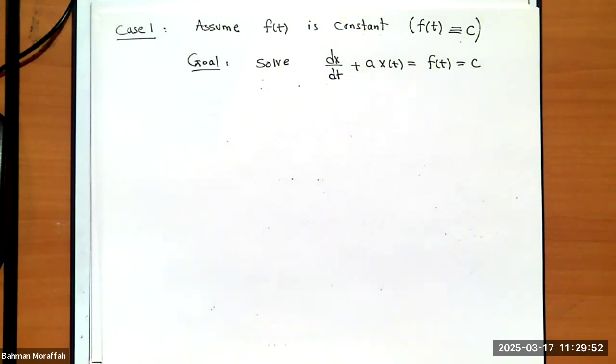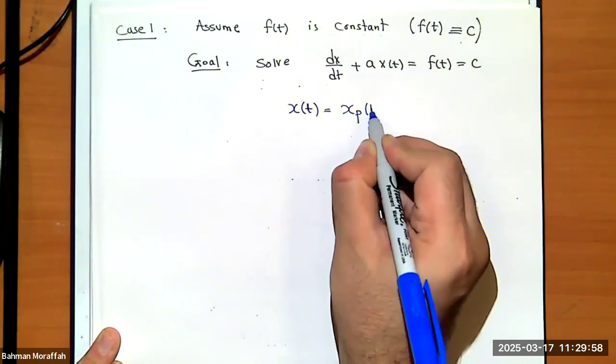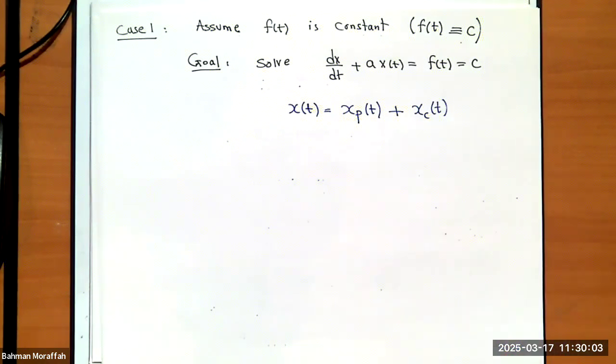Again, I know the solution for this differential equation is the particular solution plus the complementary solution. The particular solution is due to the constant force that I have here. So what I'm assuming is that this particular solution is also constant. I don't know that constant, but I know it's a constant.